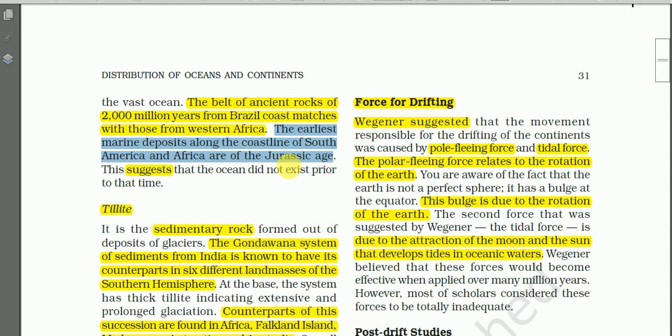Jurassic is the age of dinosaurs, between 145 to 208 million years before present. This suggests that the oceans did not exist prior to that time. That means the Atlantic Ocean was not there prior to the Jurassic age.